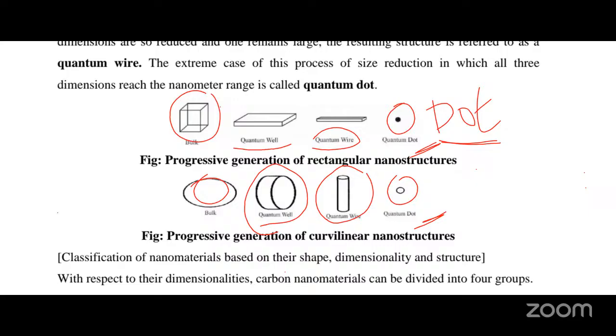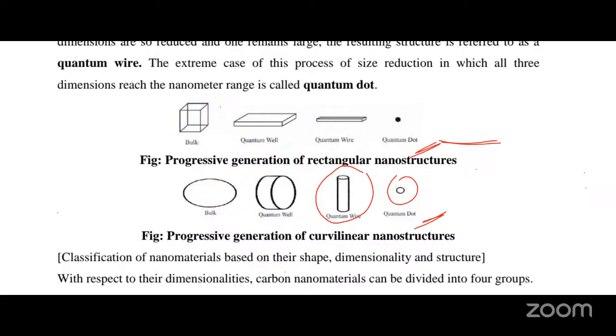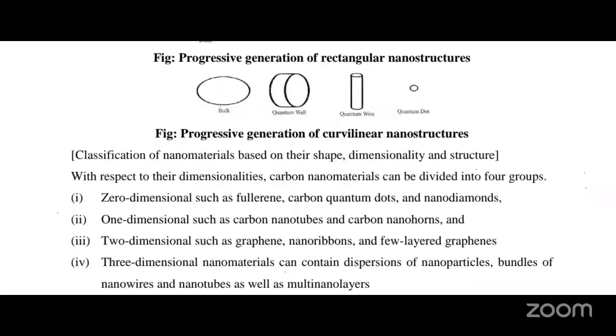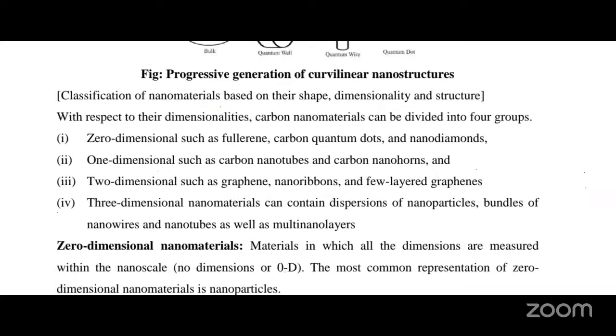This is the reduced dimensionality in solids. So with the help of reduced dimensionality we get zero dimensional, one dimensional, two dimensional and three dimensional materials. This classification explains the dimensionality of solids.